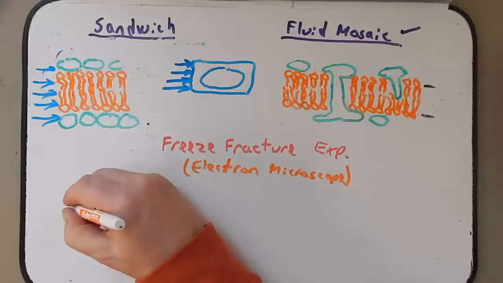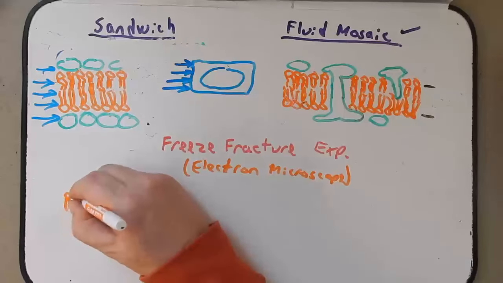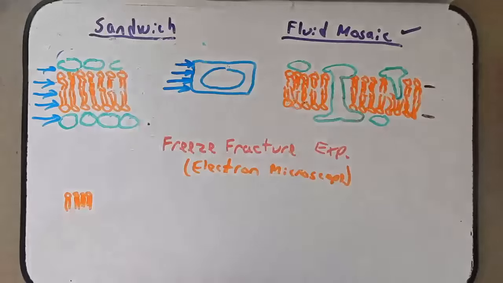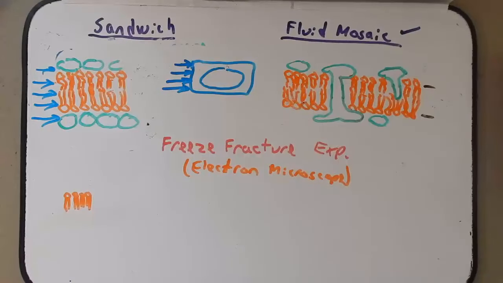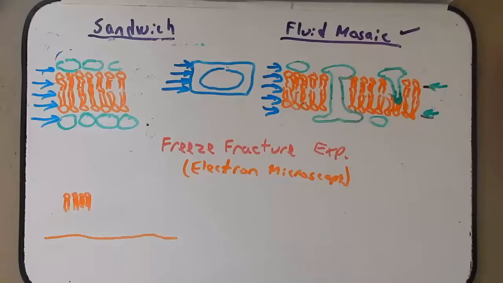What you would see is this nice even distribution of membranes. And on the EM, even though you see it with pretty fine detail, you're not going to see the individual tails. You're more likely to see something like this, a very smooth structure. Now, after they did the experiments, they didn't see this. They saw something that was more reminiscent of the fluid mosaic model.